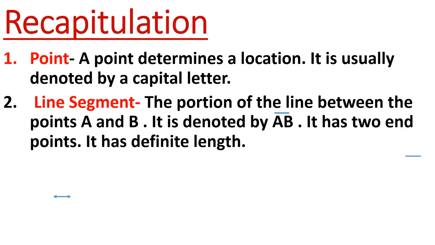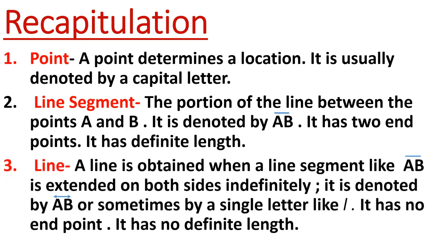After that, we have done line. A line is obtained when a line segment like AB is extended on both the sides indefinitely. There is no definite end, then it is called a line.